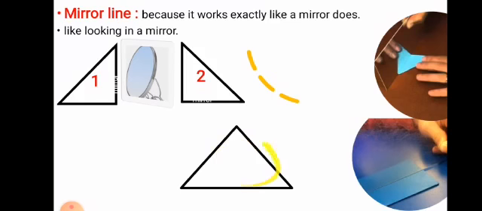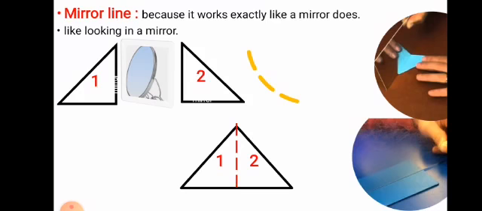So, let's try it together. We will put one of our shapes in front of the mirror. What will we see here? Very good. The reflection of the shape. So, because of this mirror, we can see side number 1 and side number 2, or shape number 1 and shape number 2, both of them are the same.